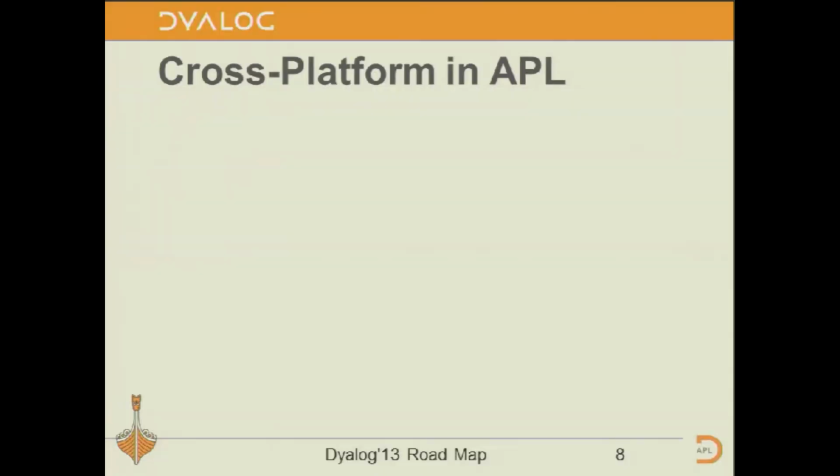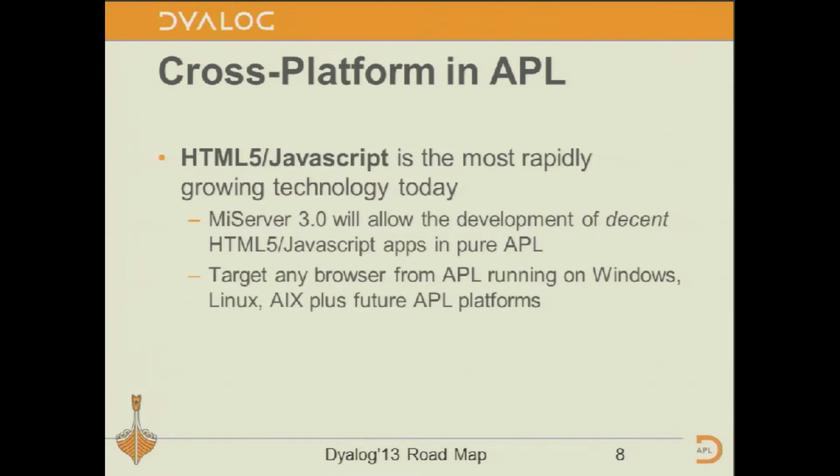Cross-platform, we think, is something where a lot of users will want to go quite soon. Some people have already moved in that direction using the older APL as an ASP.NET scripting language. There are several production applications out there in the world today, of course. But we think that to go really cross-platform and not be tied into Windows as your server technology, we are going to need to provide a mechanism for HTML5 JavaScript.